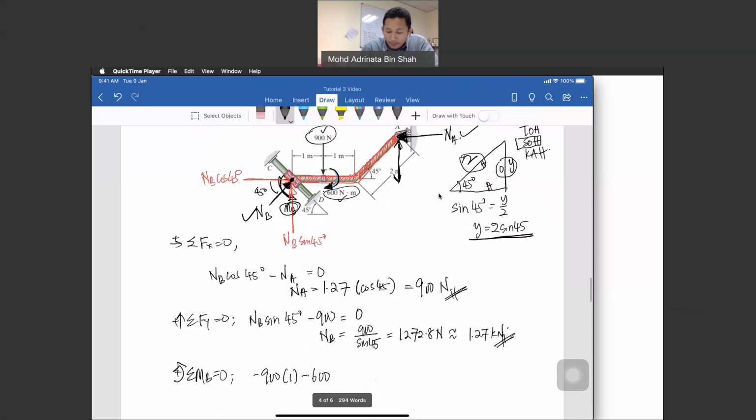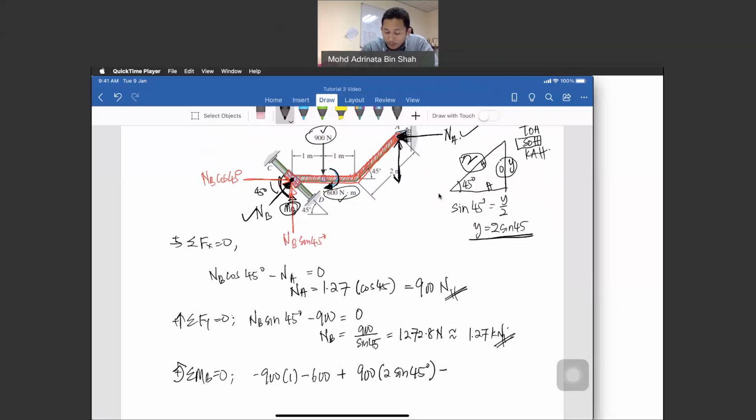And now we have NA positive because it is counterclockwise. NA is 900 Newton times 2 sine 45 degree. Sorry, I forgot to put MB.